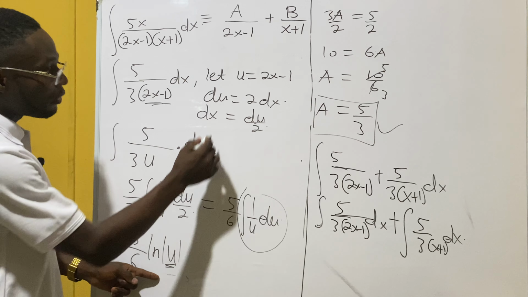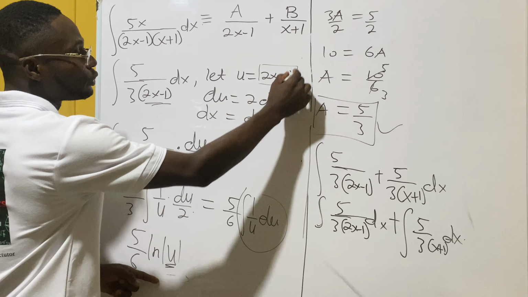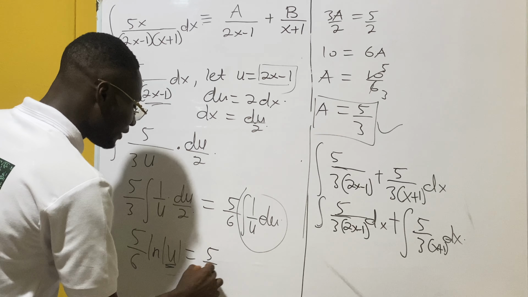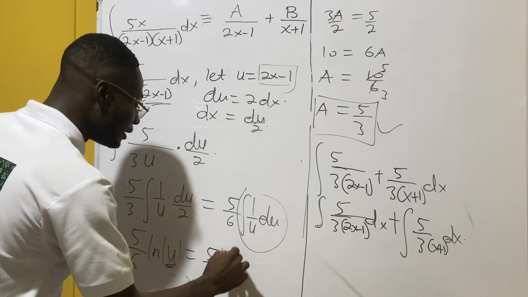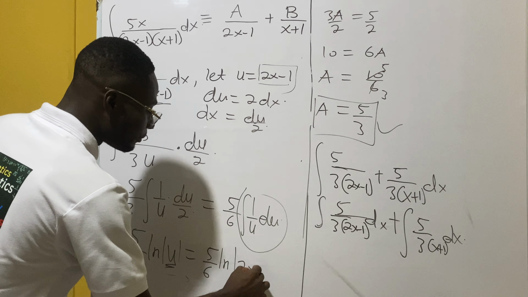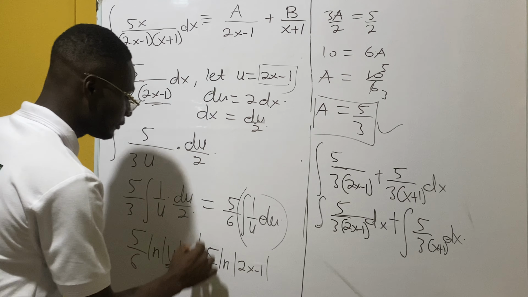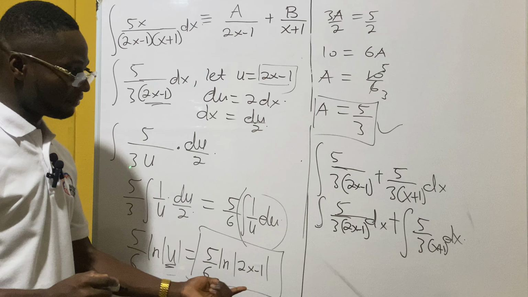Our u is 2x minus 1, so this is 5 on 6 ln of 2x minus 1. So we have our first integral.